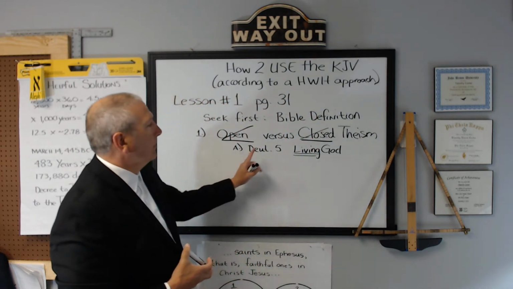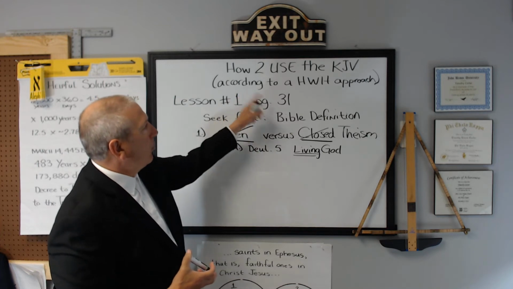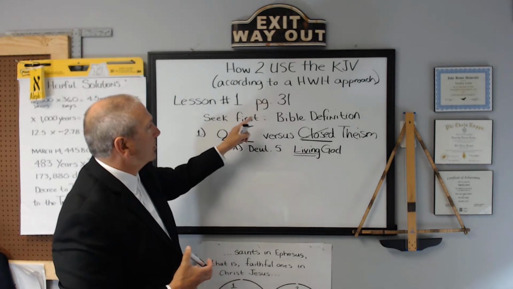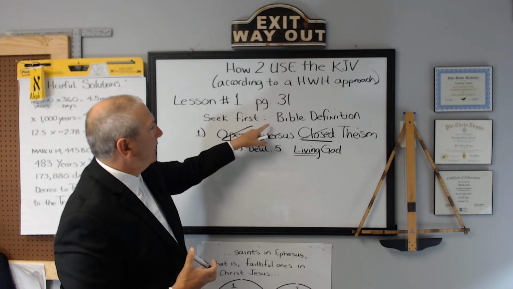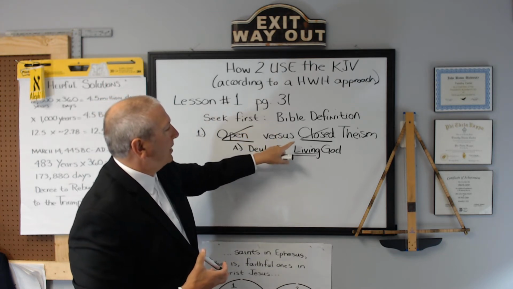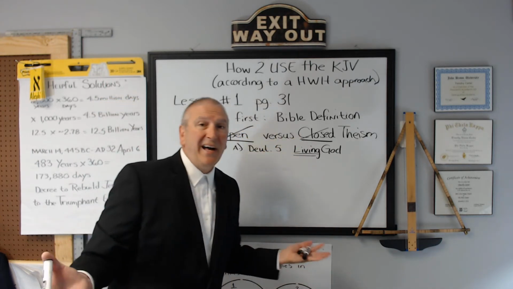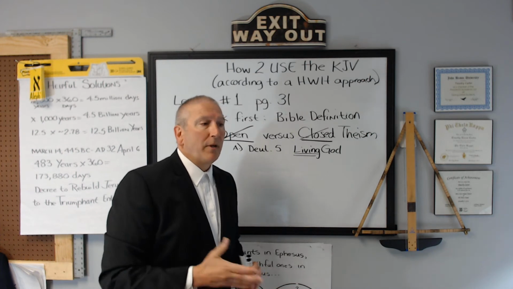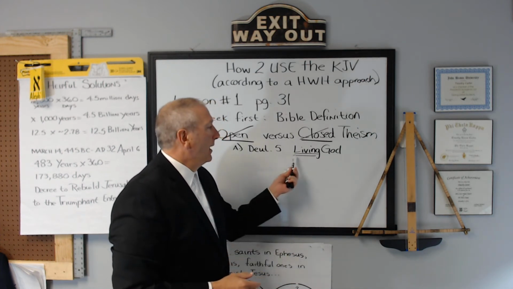So those of us who want to know how to use the King James Version in a holistic approach, if we look to define our term, it drives us to reject terms we can't define from the Bible. So now we can set that aside and look at this.